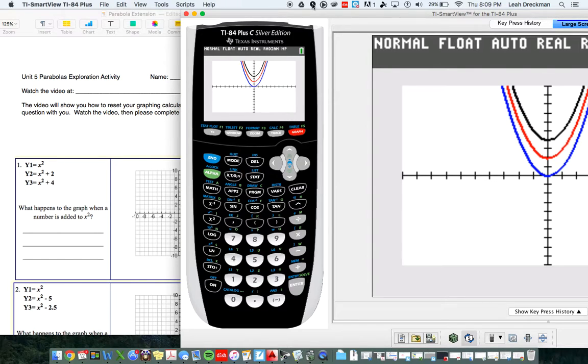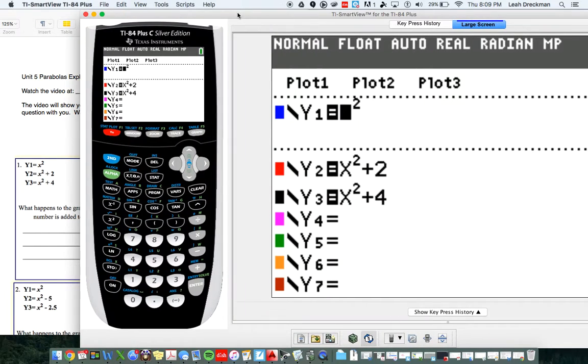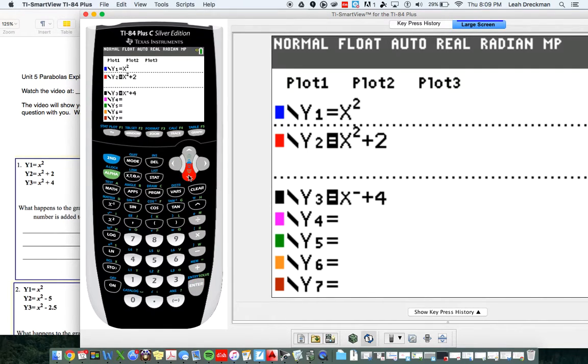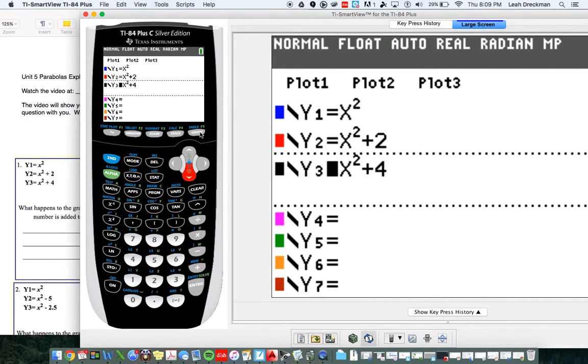And the other thing I wanted to point out is sometimes you've got 3 equations that you've entered, but you maybe only want to see one of those. So let's say we just wanted to look at the last one. The dark box here means that that equation will show up. So if you move your cursor to the left and press enter over that equal sign, what it does is it actually unhighlights it. And so when the calculator goes to make the graph, it will only graph the ones that are darkened.